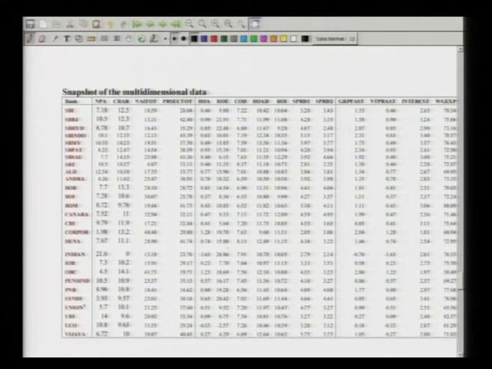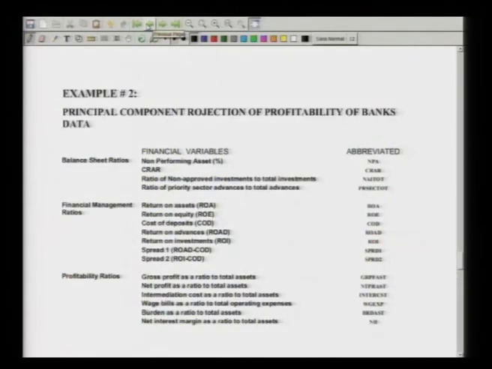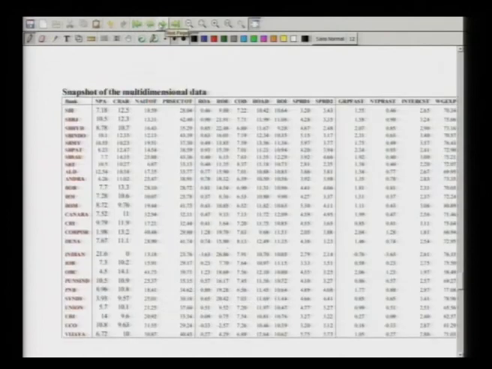This is again a snapshot of the multidimensional data. This is huge data. We have looked into a number of financial variables for a number of banks. So, both P and N are quite high in this case, and this is a snapshot of that data.